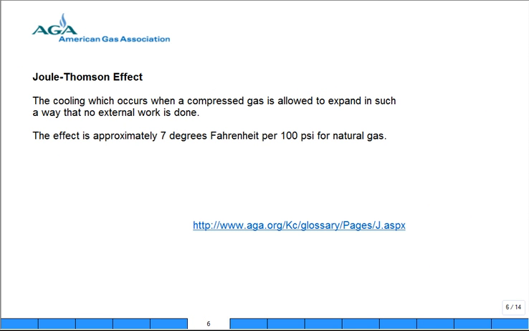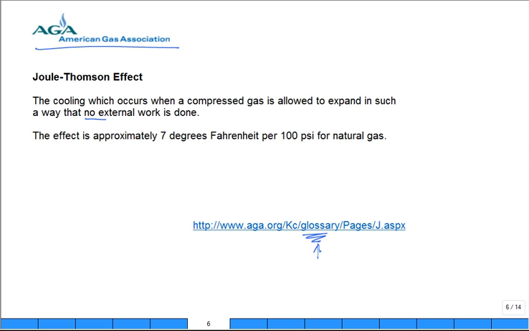Well, you can go to different websites and see statements about the Joule-Thomson effect. Here's just the American Gas Association. I just picked it at random. They have a glossary, and they define terms. So I said, what do they say about the Joule-Thomson effect? The cooling which occurs when a compressed gas is allowed to expand in such a way that no external work is done.